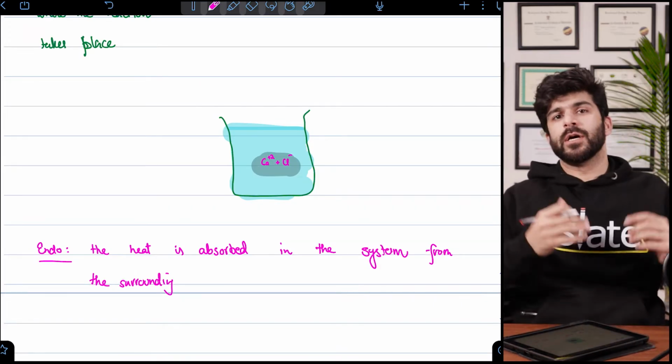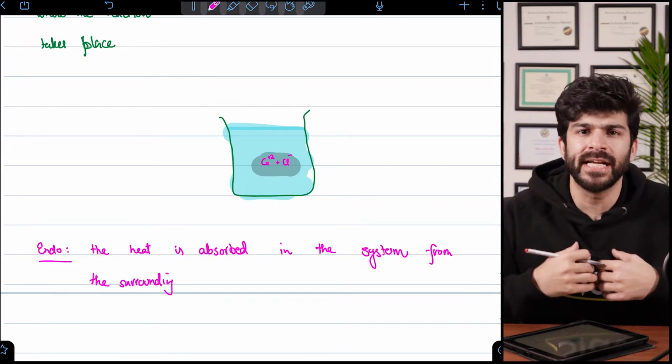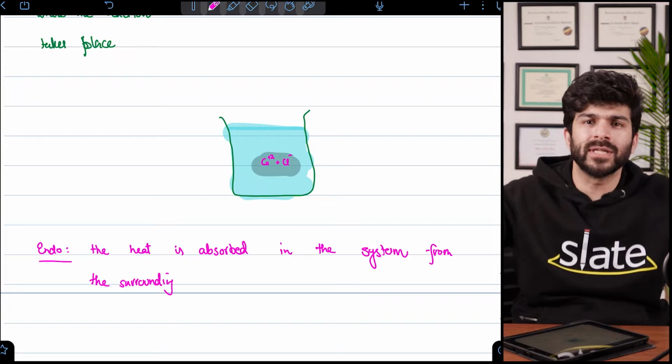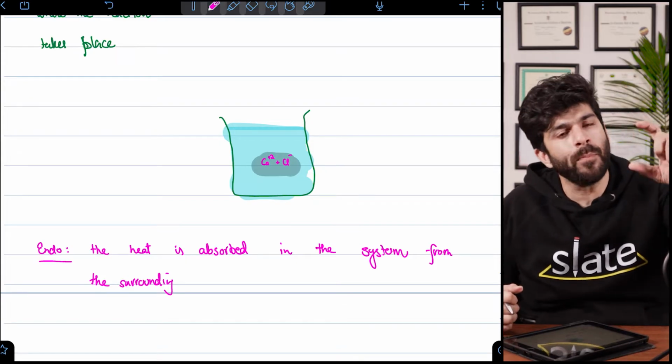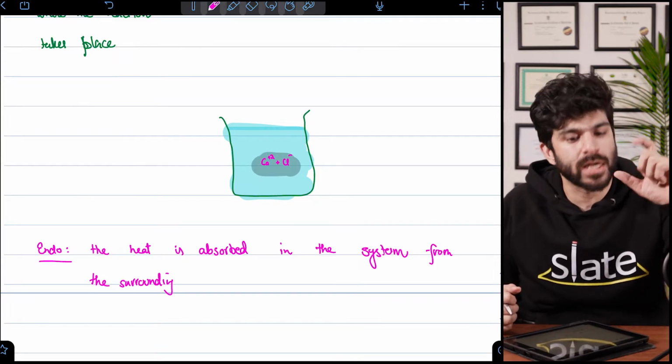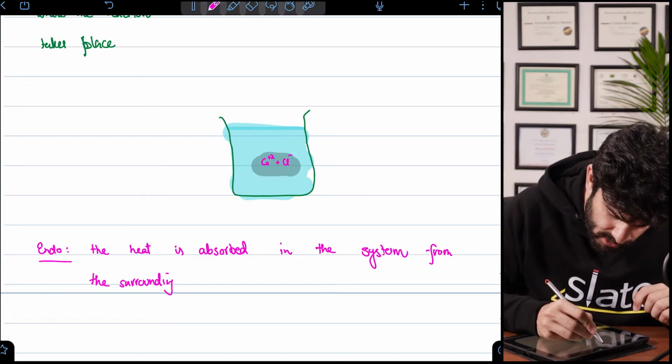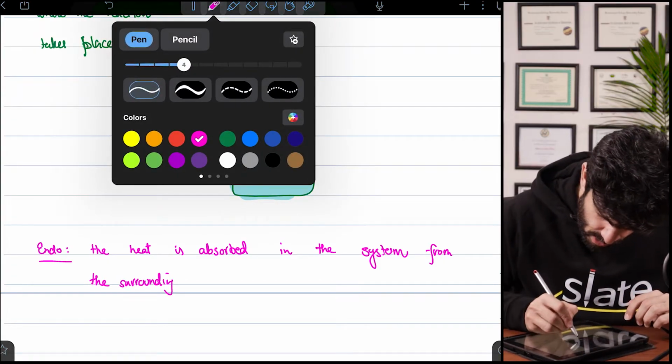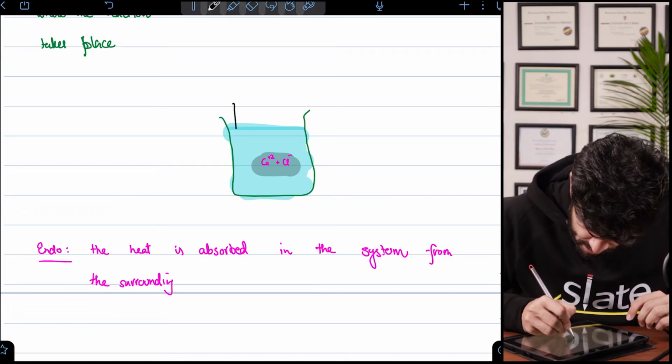Now, as a result, if the system is taking in heat energy from the surrounding, there will be a drop of temperature in the surrounding. So if I put a thermometer here, for instance, there's a thermometer here.